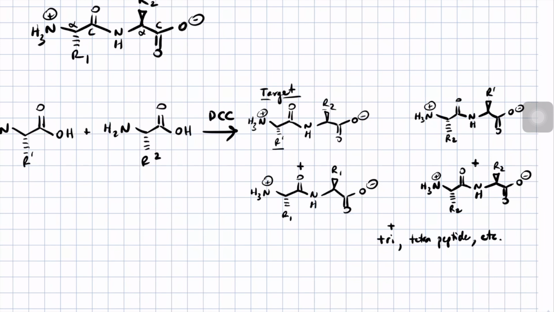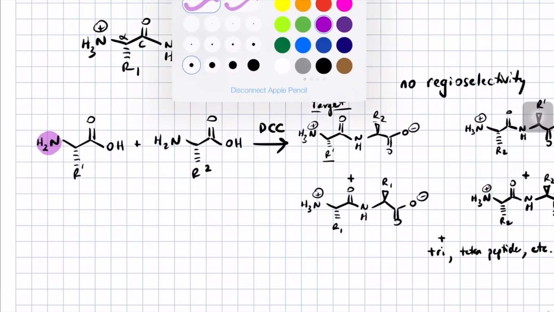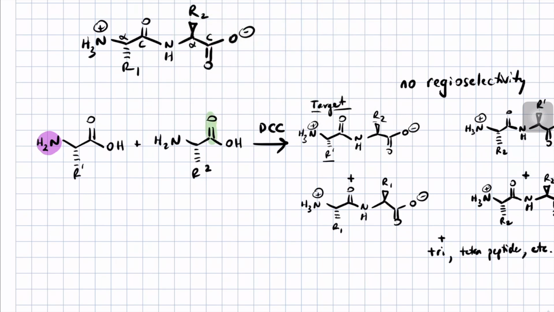In other words, we have no regioselectivity, because the purple amine can react as easily with the green carboxylic acid as it can with the orange carboxylic acid on another molecule.